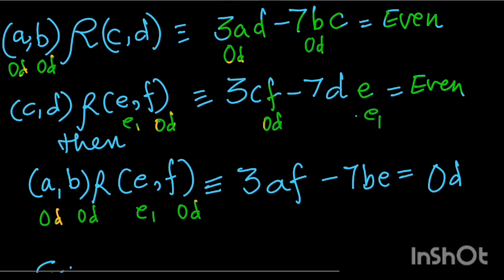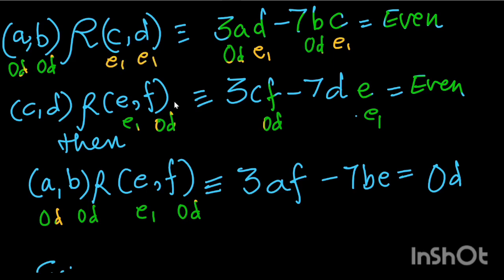So if you choose d to be even and c to be even, then only it is possible, because if you take either d or c to be odd, then it would be odd minus even, so it would be odd only. So d and c in this case have to be even only. So here also I will write even and even.